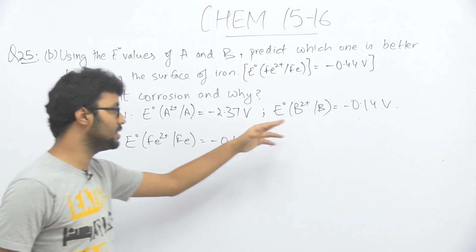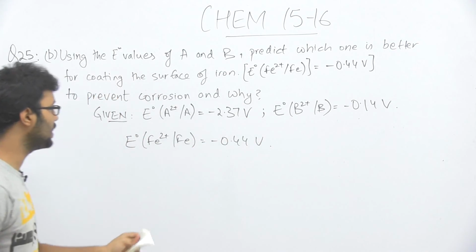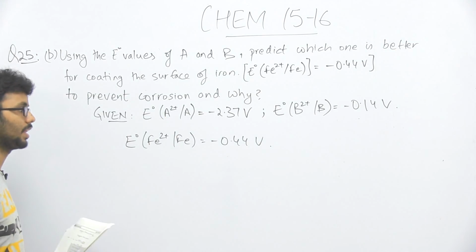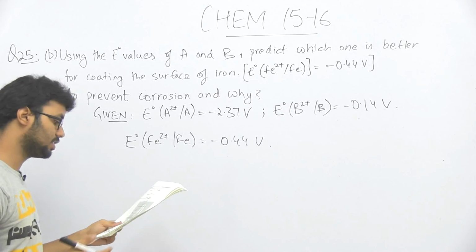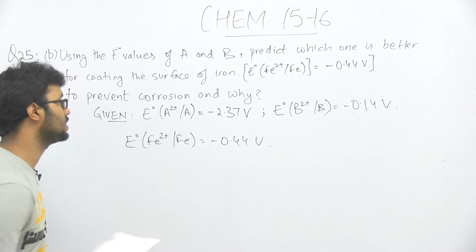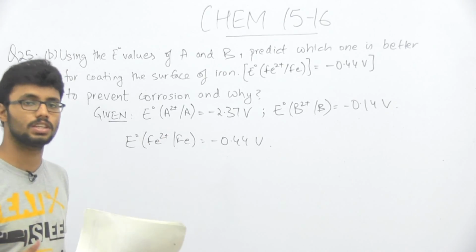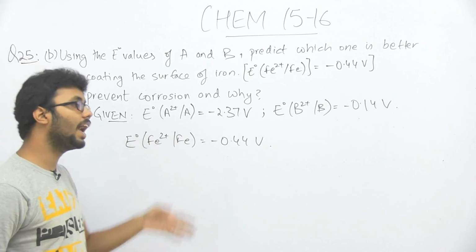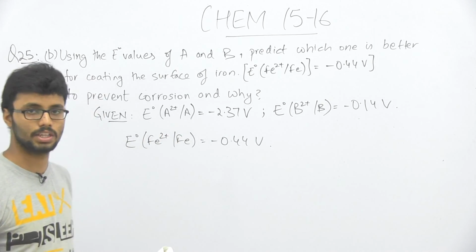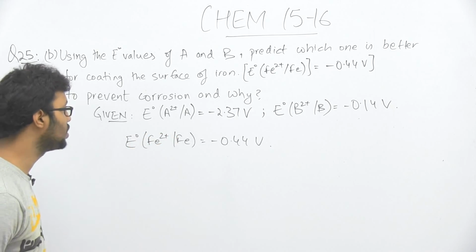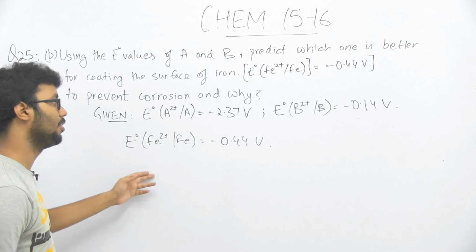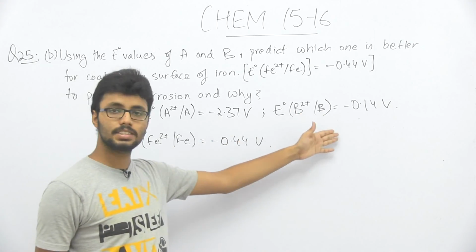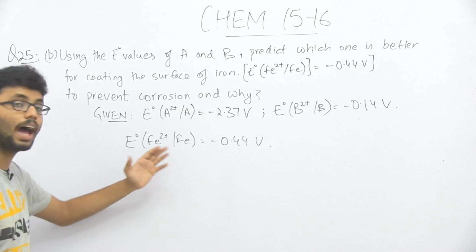So seeing these three E naught values, we can clearly see that A is the most reducing. Since A has the maximum negative reduction potential, A can be used to coat the surface of iron, whereas B cannot be, because B has a less negative reduction potential than iron itself.